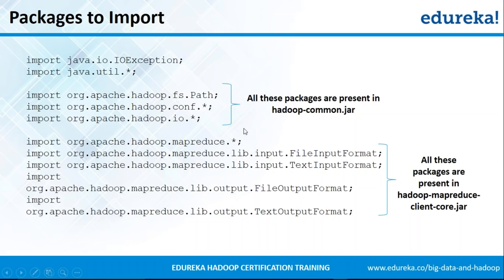Moving on, we have another set of packages that needs to be imported, which are present in Hadoop MapReduce client core jar. Okay, now both these jars are available in your Hadoop package itself. Okay, so what we are doing is we are importing text output format, okay, which is a kind of output format. We are importing text input format that we saw in the input format list, right? So these are the list of packages that needs to be imported for writing a MapReduce program.